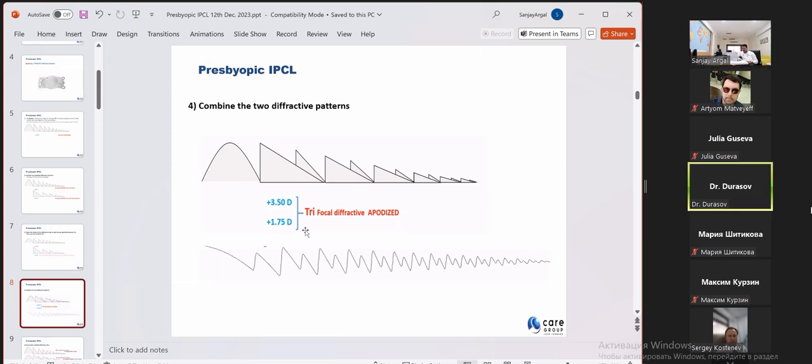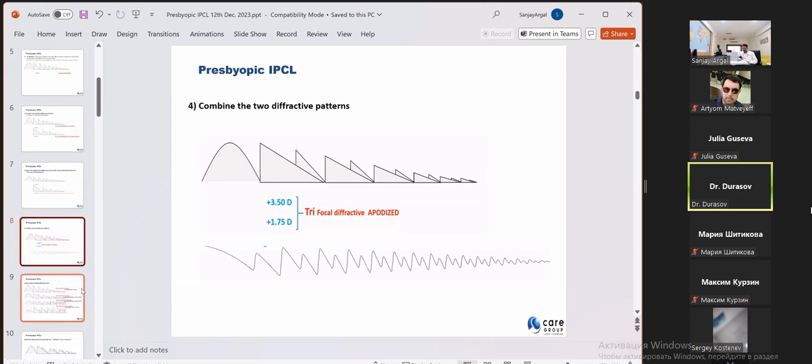So this symmetric design of the optic causes loss of light and potential for visual disturbances.